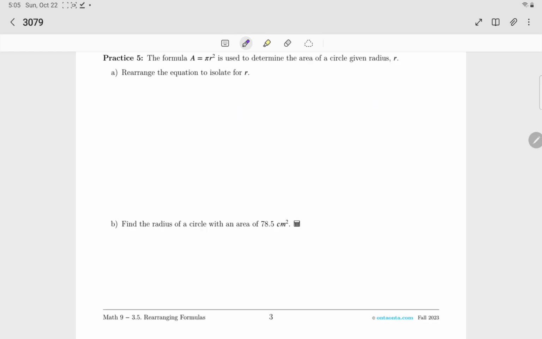Next, we have the formula of a circle. Area equals pi times r squared. And remember, the radius is the distance from the center of a circle to the circumference. To find r, we switch the sides. So pi times r squared equals the area. We divide each side by pi, and we leave it as pi instead of substituting 3.14 yet.